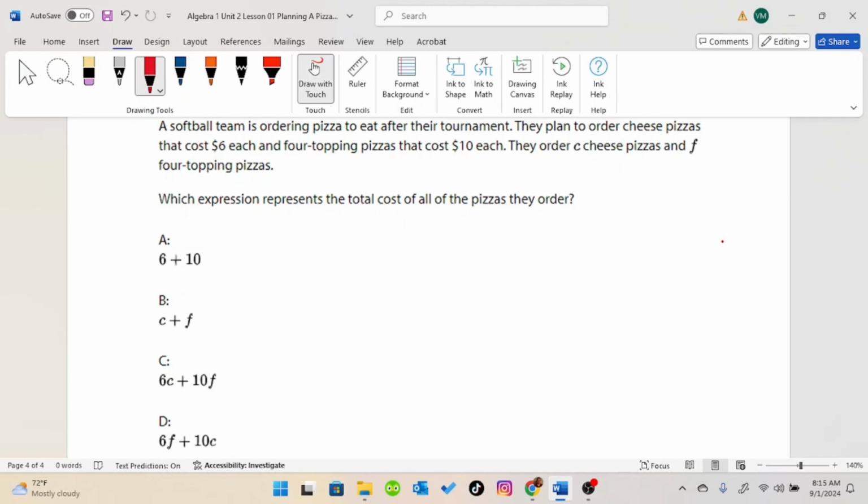So as we look at this, expression A says $6 plus $10. That does not account for anything other than 1 cheese pizza and 1 4-topping pizza, but we don't know how many of each, so A is incorrect. B, let me just go ahead and write that.